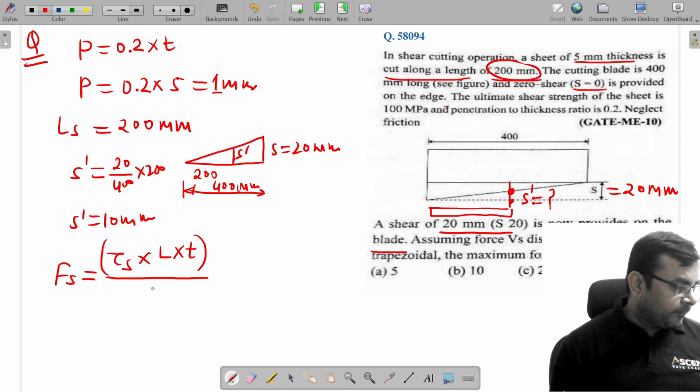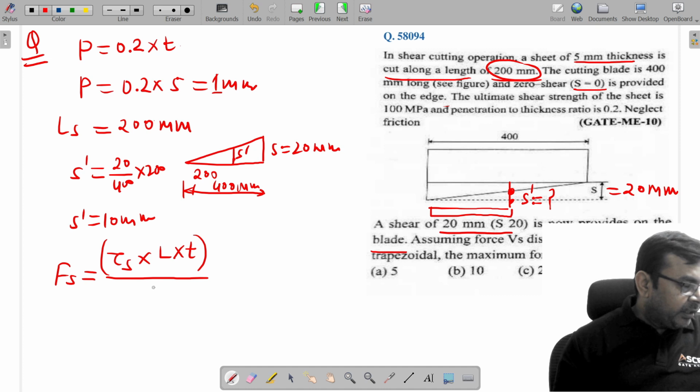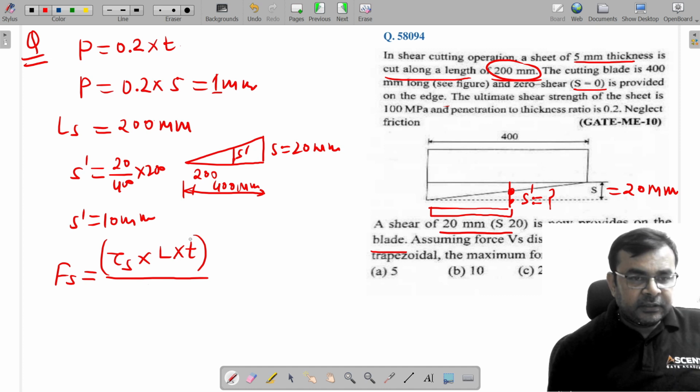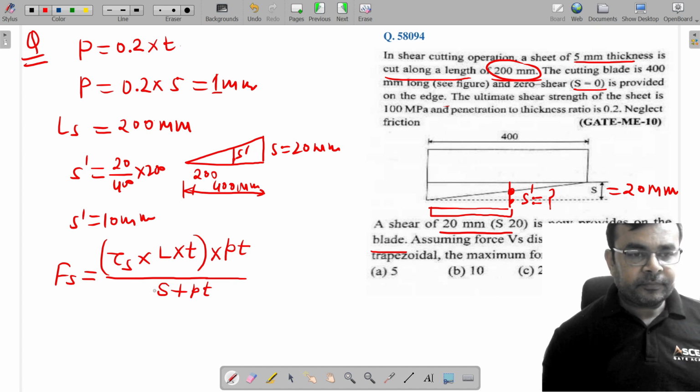So if I see this question, it can be written as F into PT. We need to multiply PT here, or simply you can say capital P divided by shear. Yes or no? And sometimes this shear can also be written as plus p2. Is that right? So here I am neglecting this small pt value.